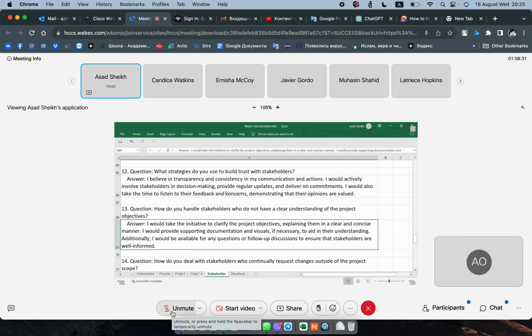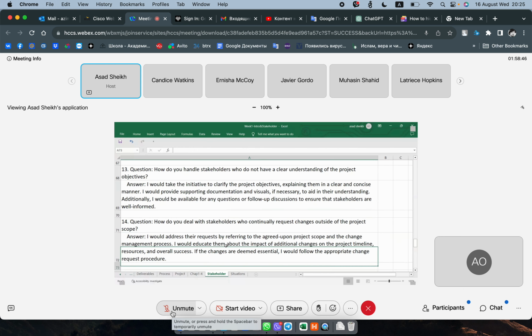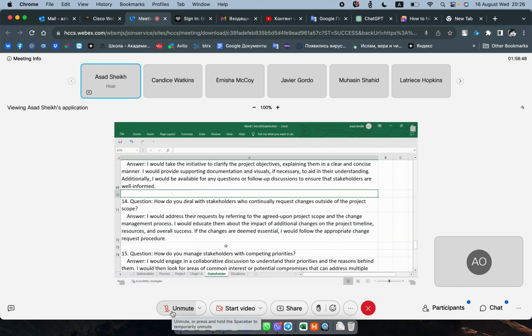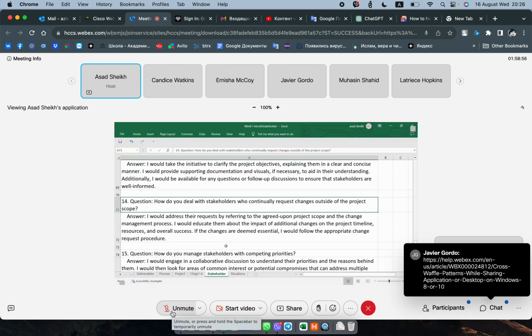So you listen, you meet, you understand, and in this case, you have to explain the objectives so they are on the same page with you. Next, how do you deal with stakeholders who continually request changes outside of the project scope? Now, this one is something they're bringing up that may not have relevancy.